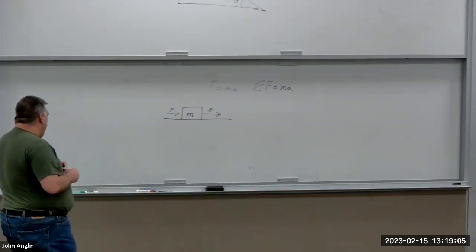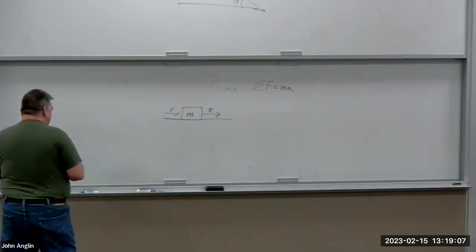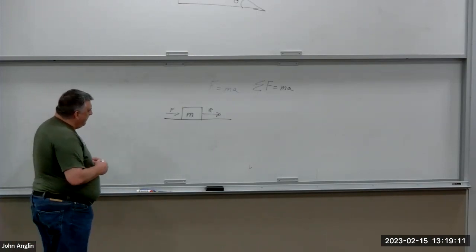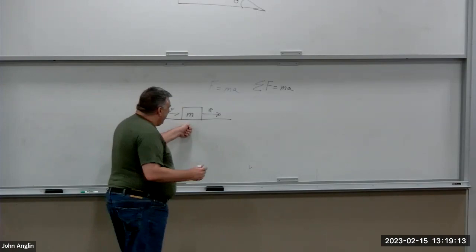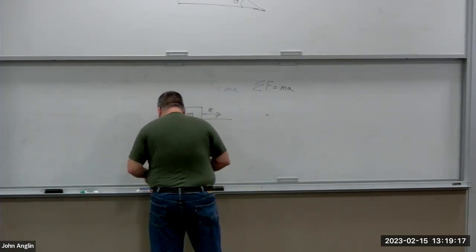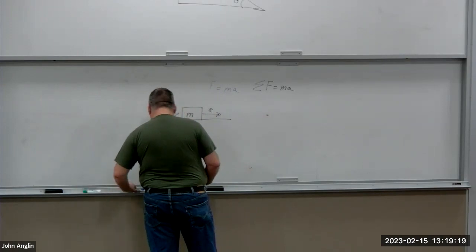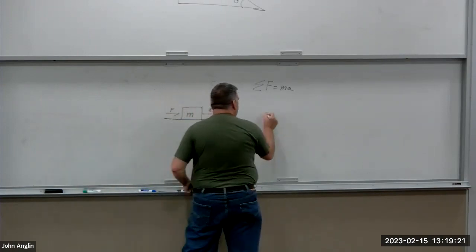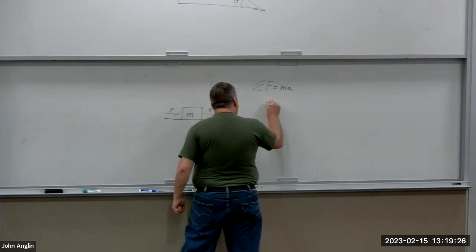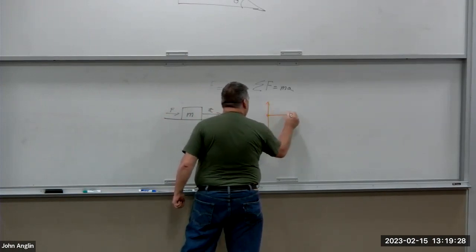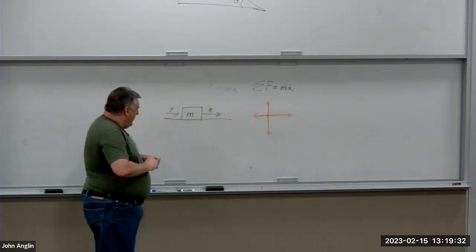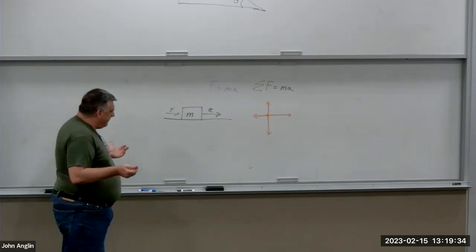So I've got to come up with what forces are acting on this box. Here's where we need our free body diagram. So let's draw a free body diagram with the mass at the origin. And let's pick a direction.